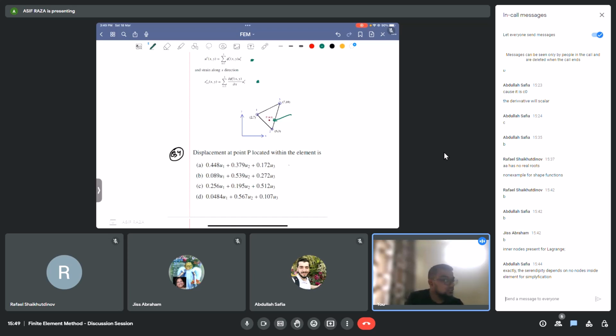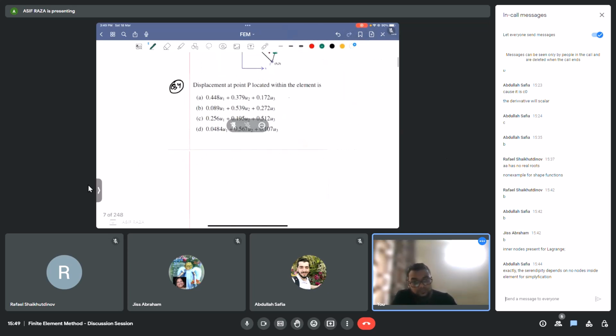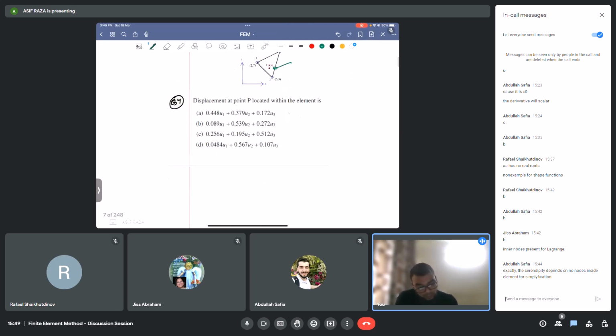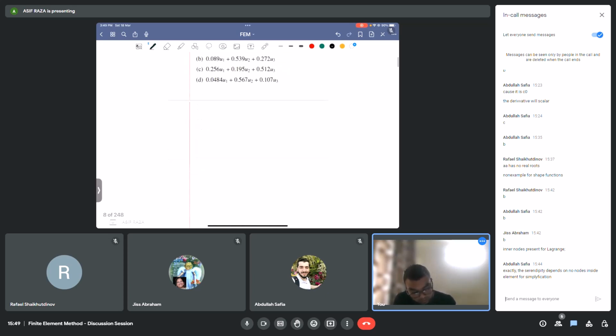I don't think we can directly solve it, so it's better to do it step by step. For a CST element, what do we use as our shape function? a0 plus a1x plus a2y, right?